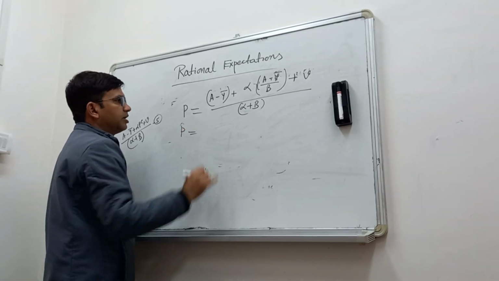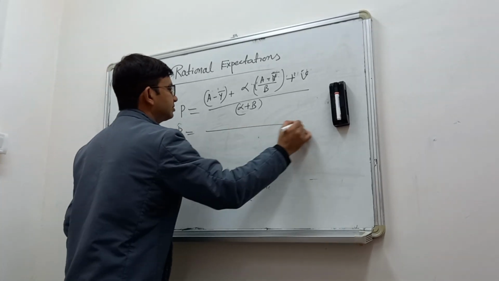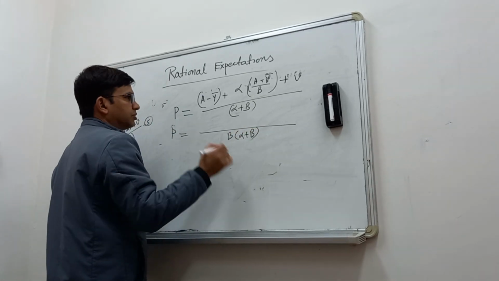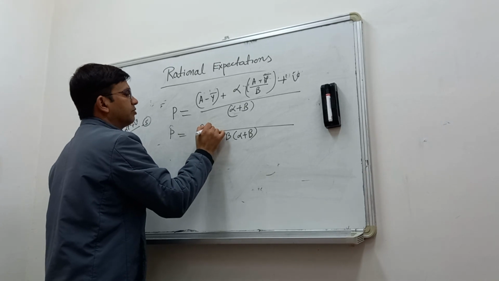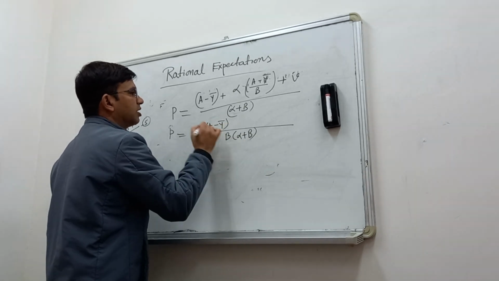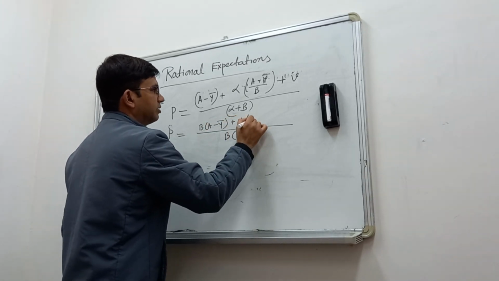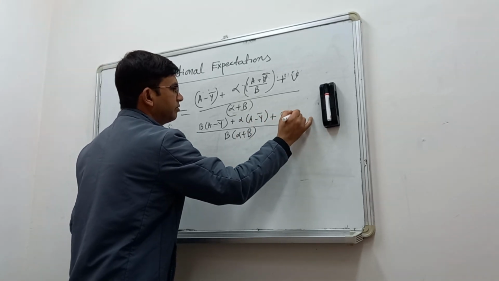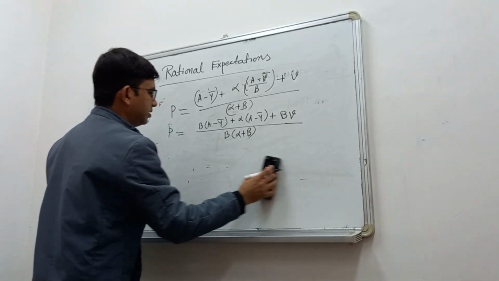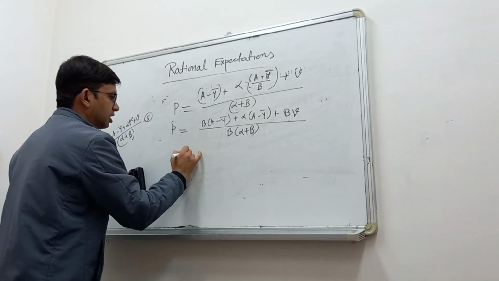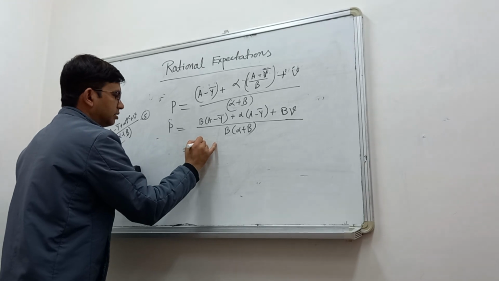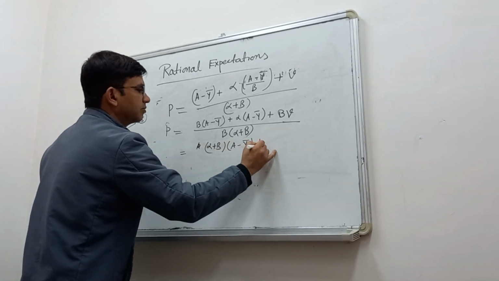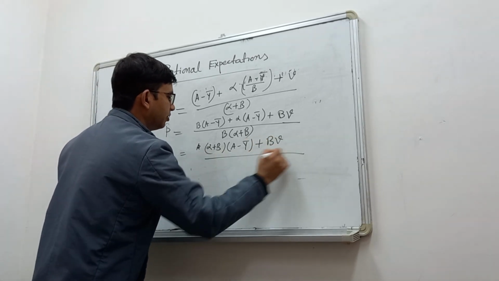So finally P equals 1 by alpha plus b into b into A minus y bar plus alpha into A minus y bar plus b into v. Or in other words, alpha plus b into A minus y bar plus bv, whole divided by b into alpha plus b.